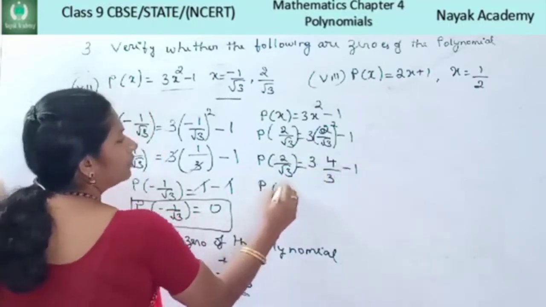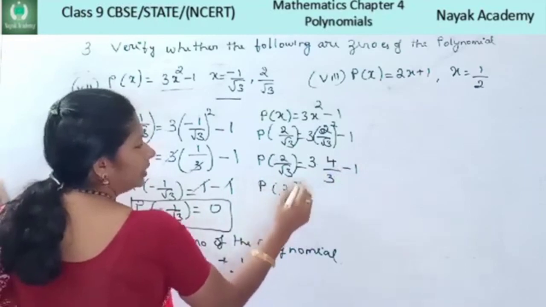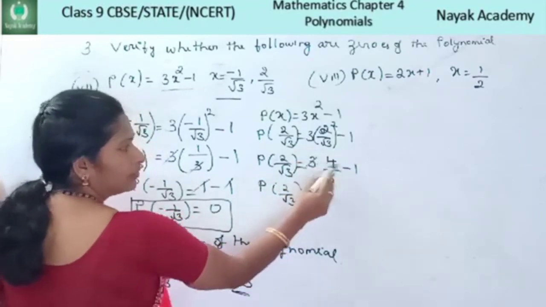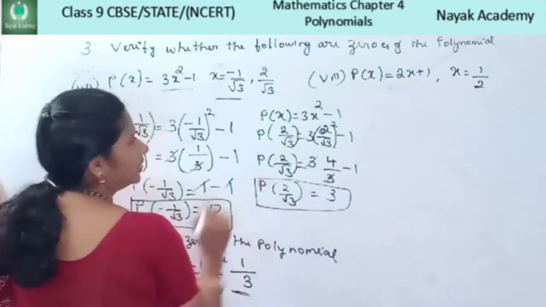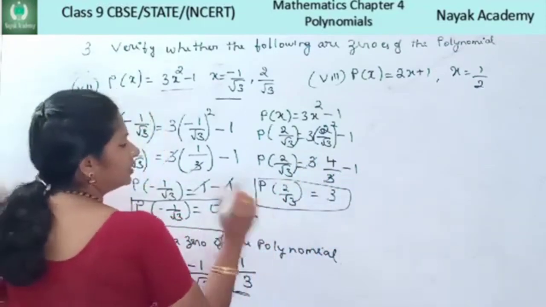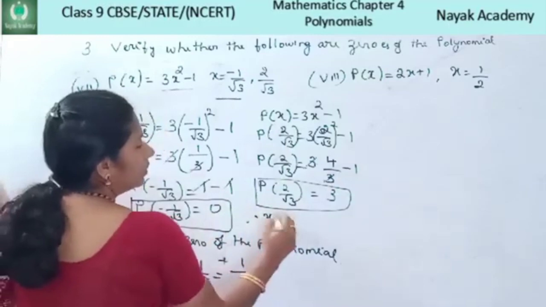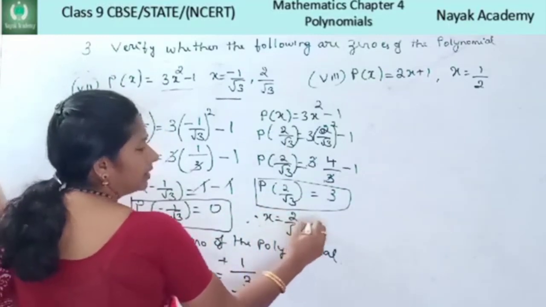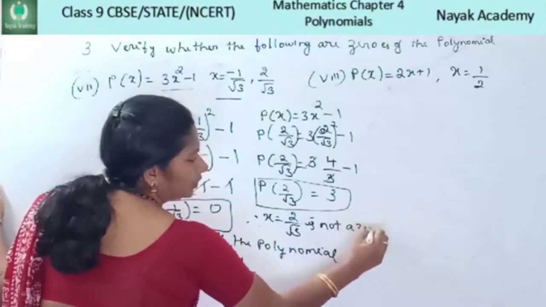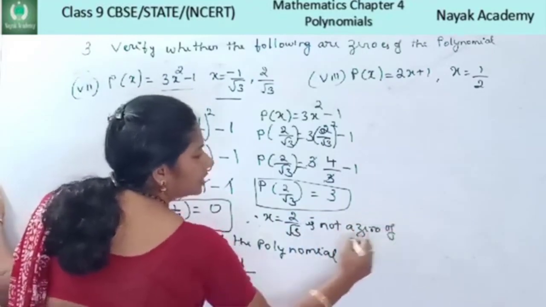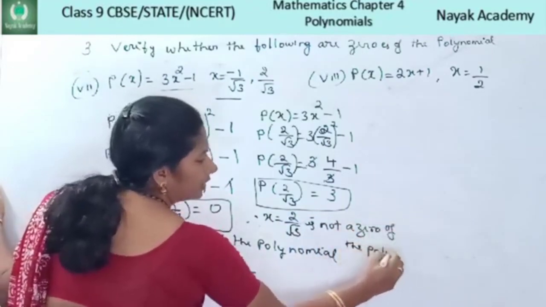So p of 2 by root 3 equal to 3 gets cancelled. 4 minus 1, it is 3, which is not equal to 0. So what is your conclusion, children? Therefore, x is equal to 2 by root 3 is not a zero of the polynomial.